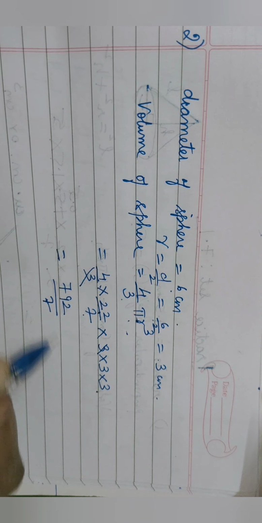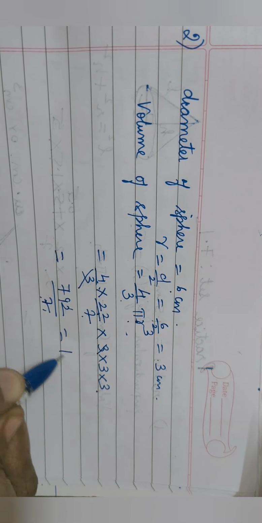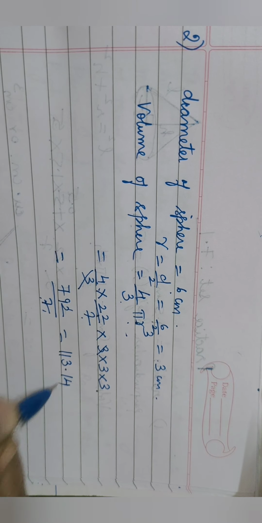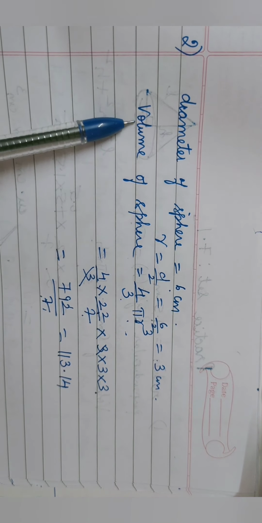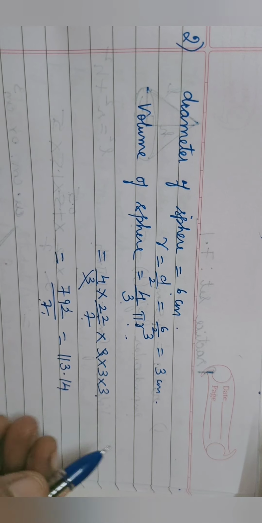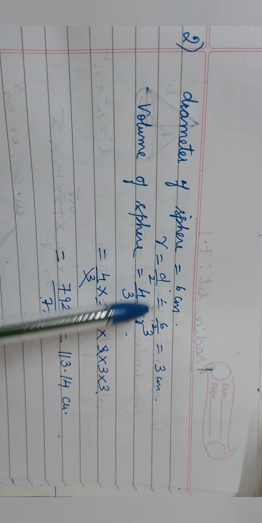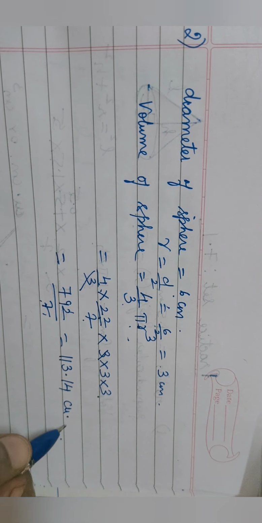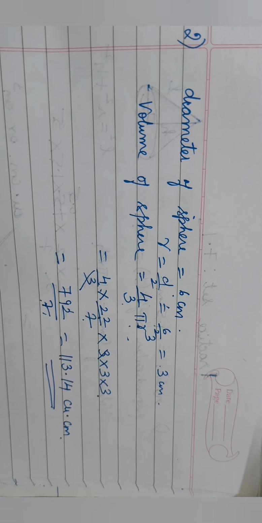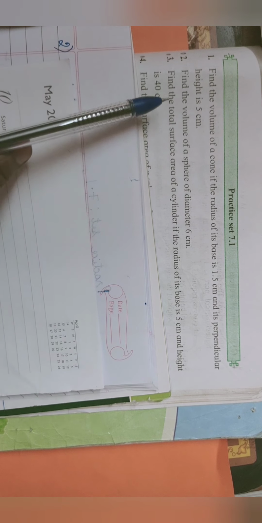When we divide it, we will get 113.14. I said whenever we want to find the volume, we will write cubic. Centimeter or meter depends on the unit. That is centimeter, so I write it cubic centimeter. Fine. Now the third sum.